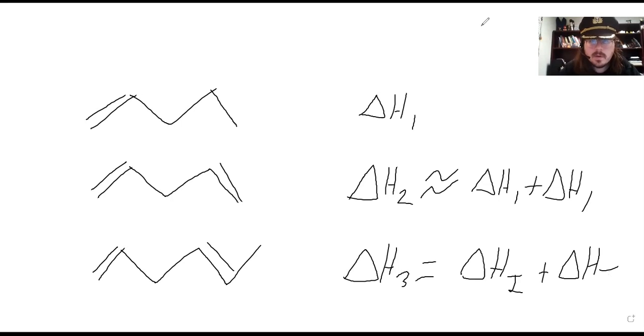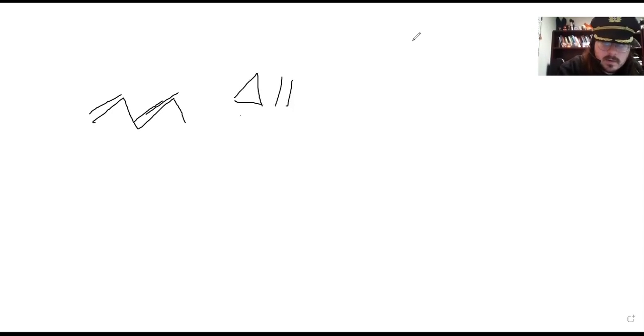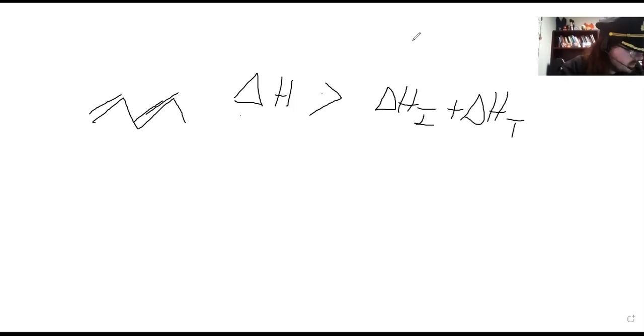So if I have this structure, and we look at the delta H of that guy, it's going to be greater than the delta H of the internal plus the delta H of the terminal. This is far more stable.